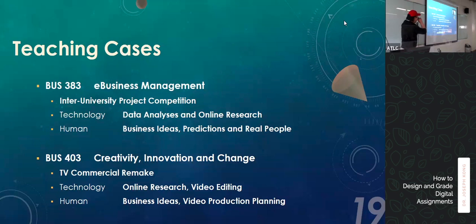So for the first one, I included a competition. I have been running this particular competition with CTU for 3 years already, and I will tell you more detail very soon. The second one is very similar to the first, in that I asked the students to remake some kind of TV commercial. But the rationale is a little bit different, and I will show you now.